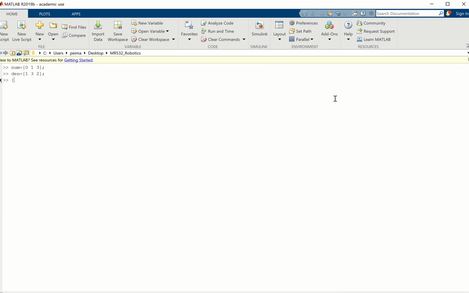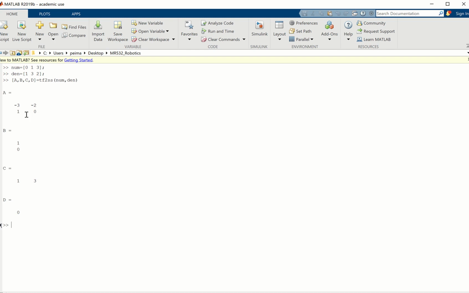So if I say A, B, this is how MATLAB works, B, C, and D, from transfer function to state space, right? Understand? So from the numerator and the denominator, here we go.